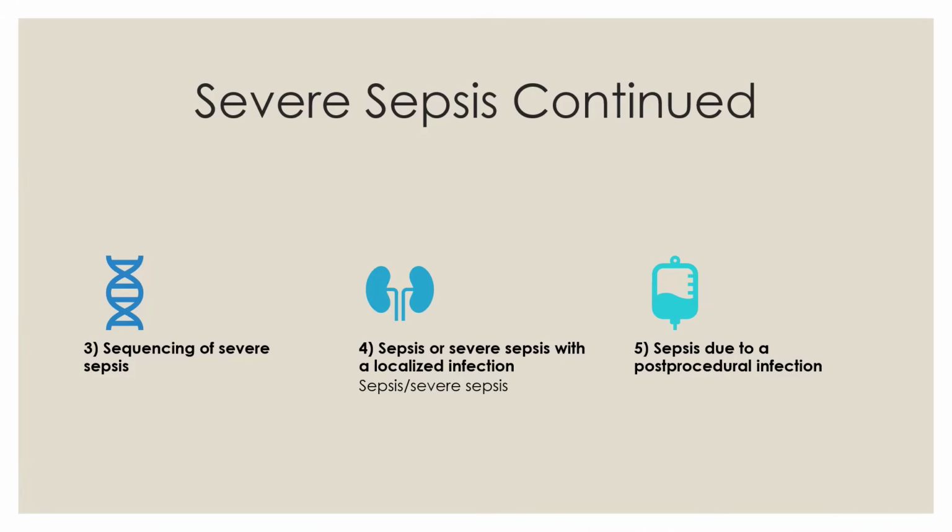So, if the reason for the admission is sepsis or severe sepsis and a localized infection such as pneumonia or cellulitis, the underlying systemic infection should be assigned first, then code the localized infection as the secondary diagnosis. When we have severe sepsis, you can also code from R65.2 as appropriate as a secondary code.